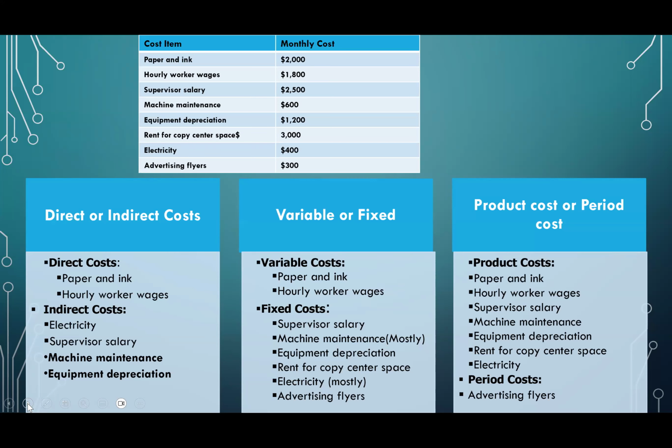Out of the costs that you are given, these two are our direct costs. Notice why supervisor salary is not a direct cost: because if I print one more page, supervisor salary remains the same.